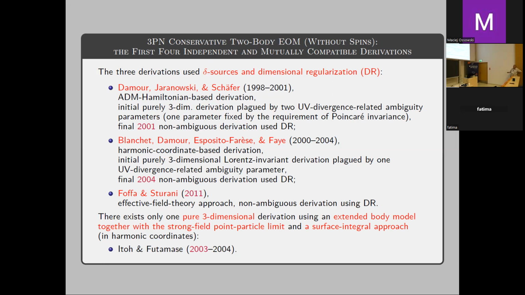This is the derivation by the Japanese scientists Ito and Futamase, and they use some extended body model with strong field point particle limits. So at some point in their calculation, they shrink their bodies to point particles and use a surface integral approach, which in fact is some modification of the famous Einstein-Infeld-Hoffmann approach to solving equations of motion in general relativity.